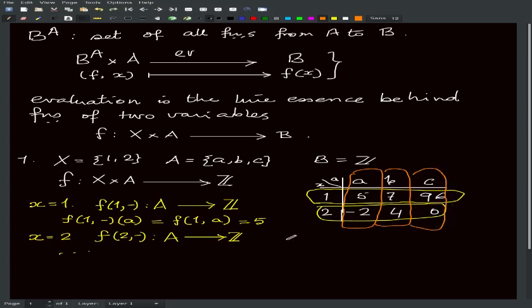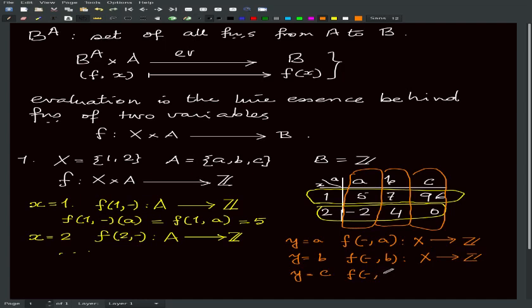So for say y equals A, you have a function from X to Z. For y equals B, you have a function from X to Z. For y equals C, you have a function again from X to Z. Okay?